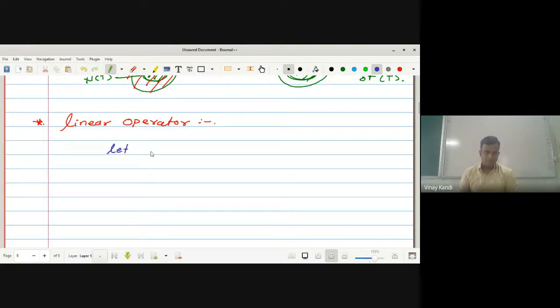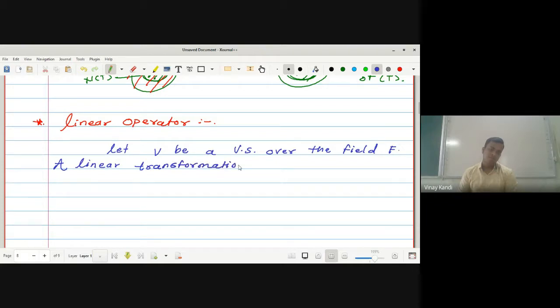Let capital V be a vector space over the field capital F. A linear transformation T from V to V is called a linear operator on capital V. Any doubt?